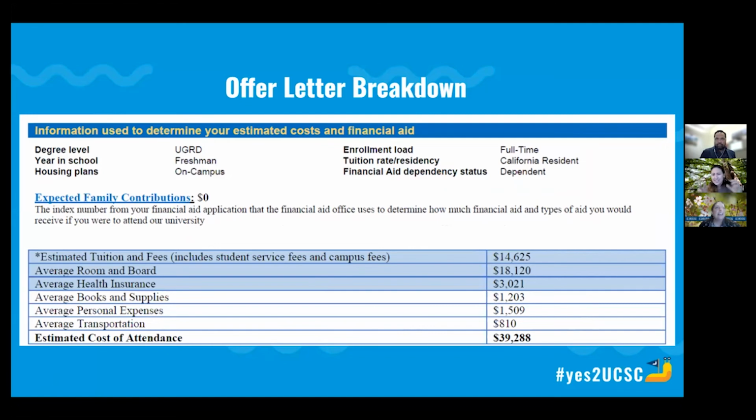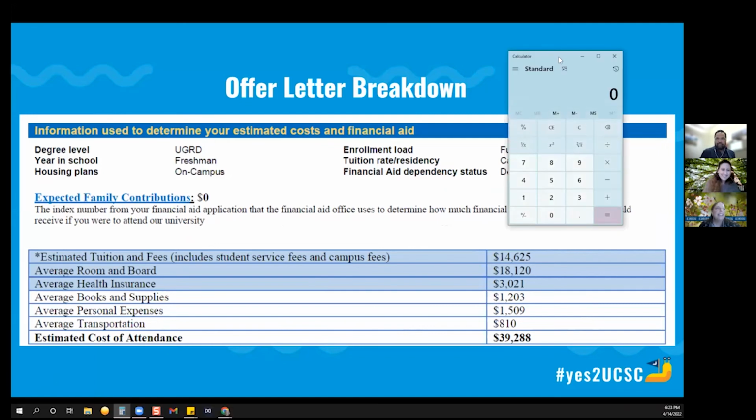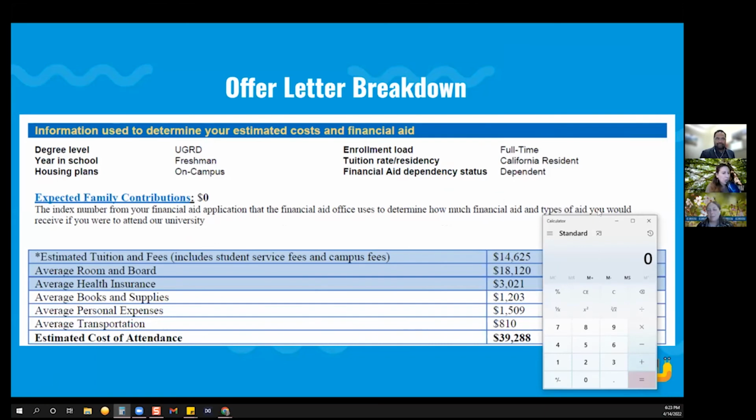Let's do that again. Yeah, I'm gonna pull in my handy dandy calculator because there's nothing beats being able to see it, right? So direct costs are going to be tuition, campus fees, and student services fees for the year, $14,625 for an in-state student.